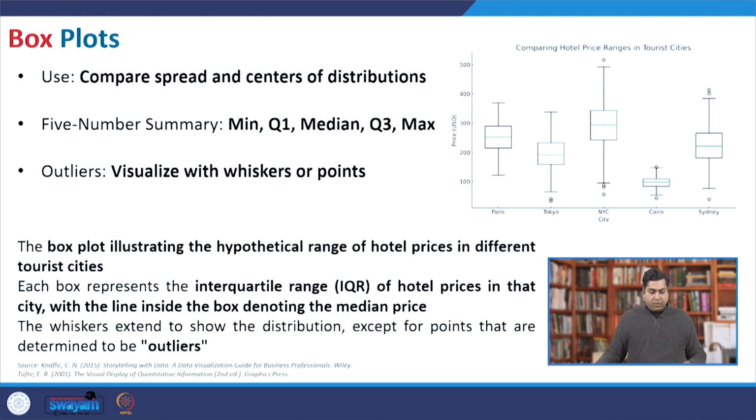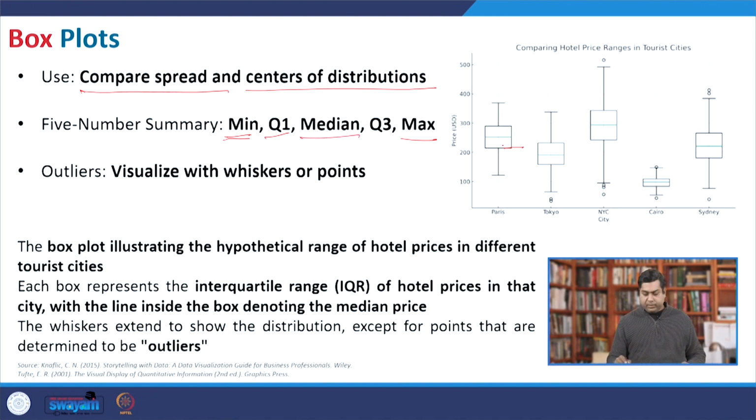Coming to the box plot. Here also, box plots are used to compare the spread and centers of distributions that we discussed last class. Maybe we just quickly go through it once again. We have certain important points like the minimum value, the maximum value, and within that we have the lower bound, which is called the first quartile, also referred to as the 25th percentile.